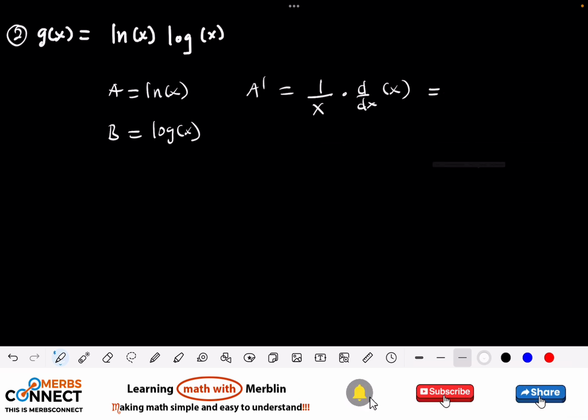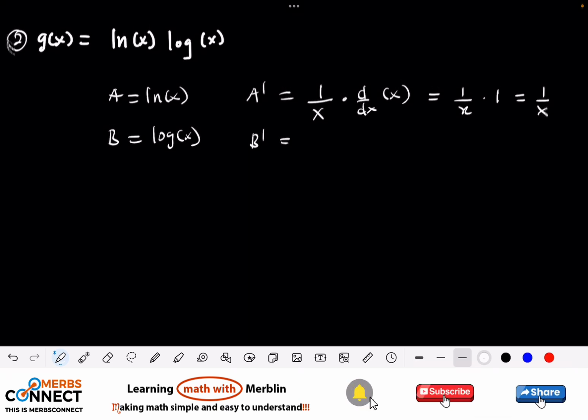So this is going to give us 1 divided by x times, when I differentiate x, we get 1. So we are going to have 1 over x. We all know that when I differentiate ln x, I get 1 over x. But you need to know how we got the 1 over x, so that if a function is given to you and it's not just ln x and let's say ln x squared, you can use the process to also find it.